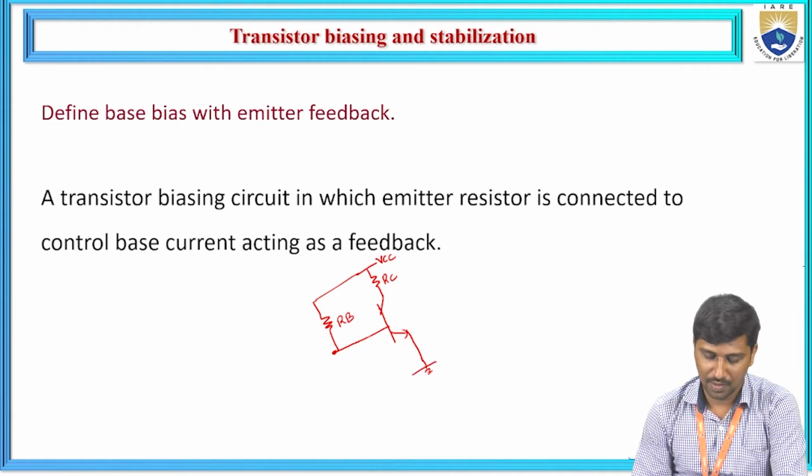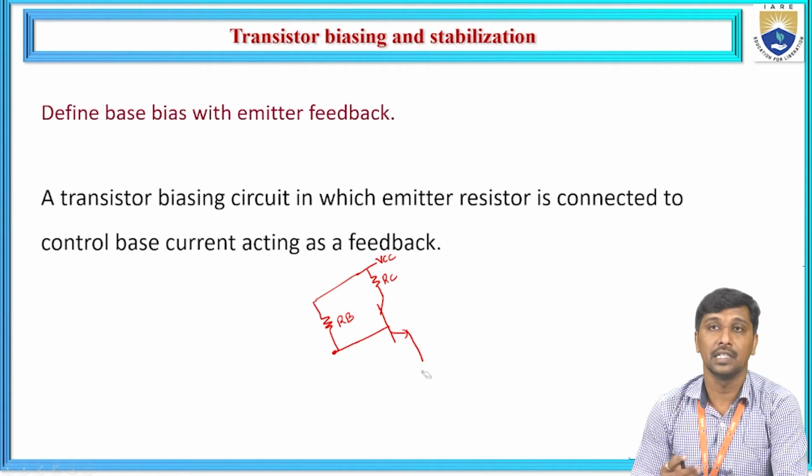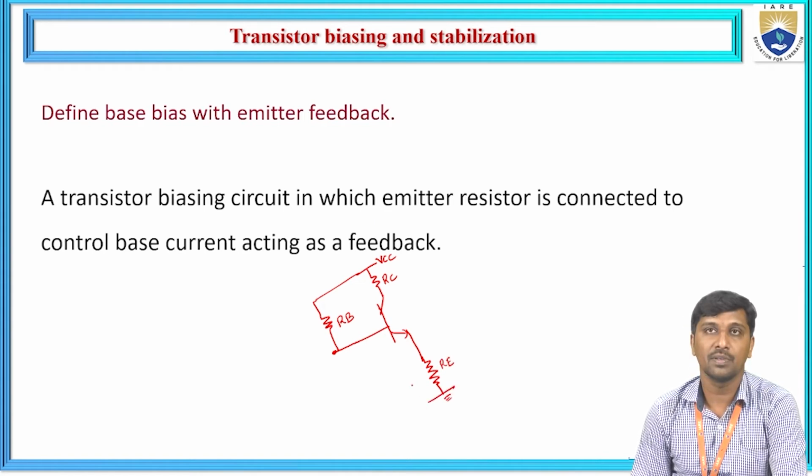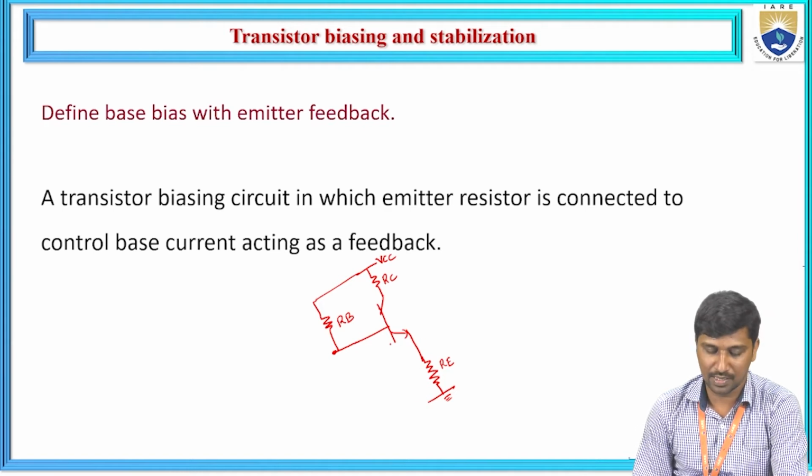Suppose you want to control the gain of the transistor. Then the emitter should be lifted from ground potential, and a biasing resistance is added across the emitter. That resistance is called the emitter resistance, and this type of approach is called base bias with emitter feedback.